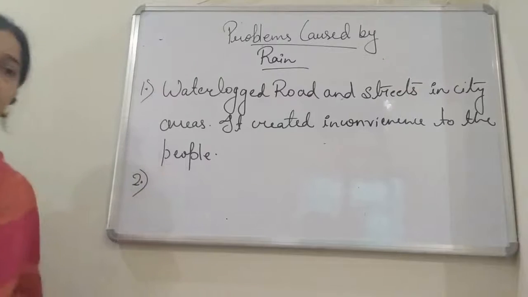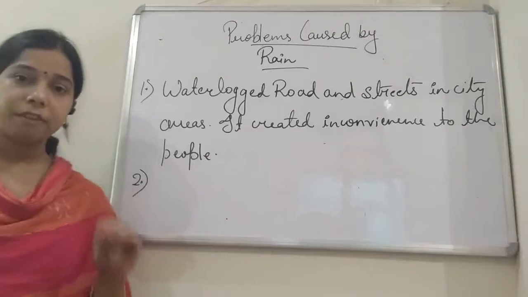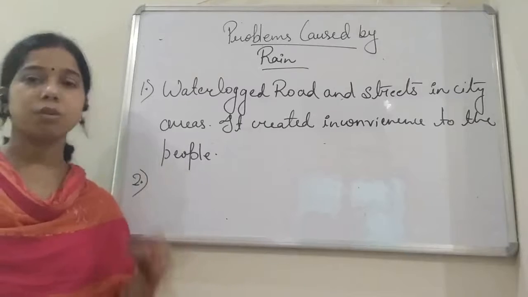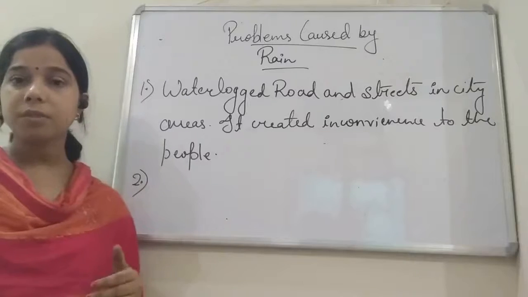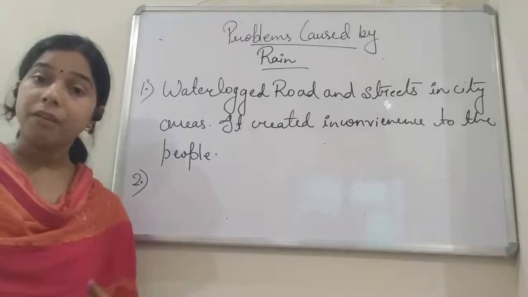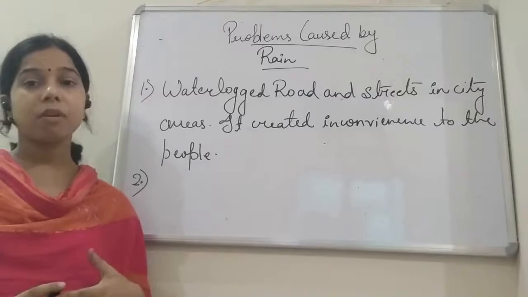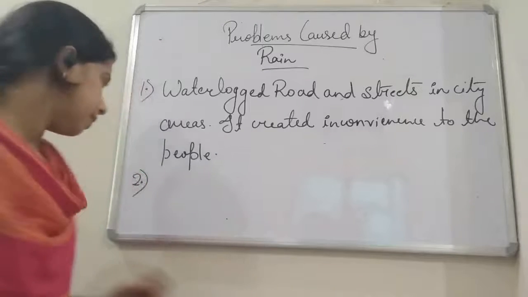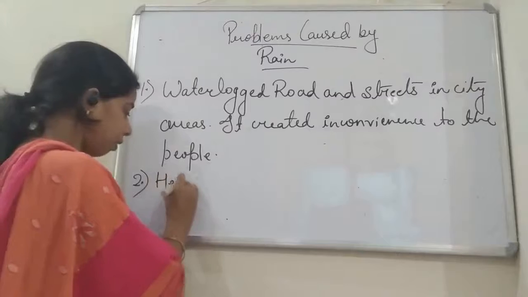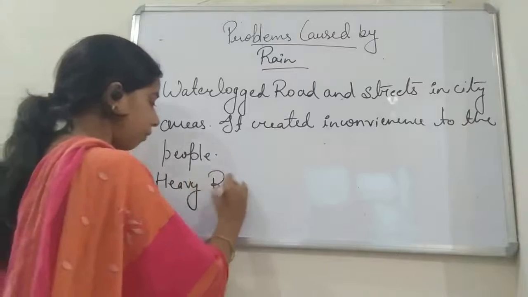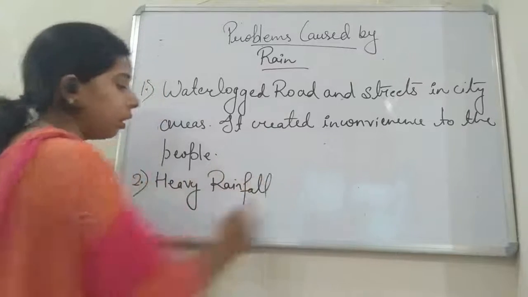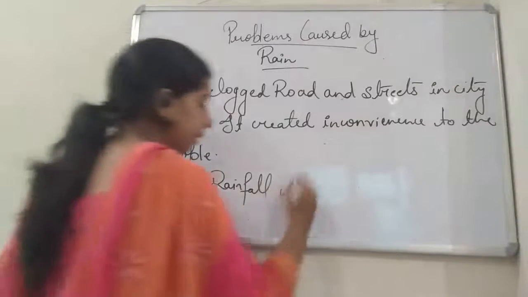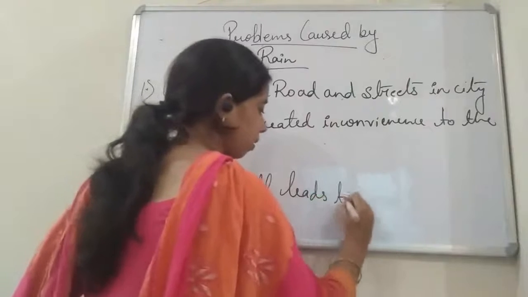Up to a certain level rainfall is useful for the crops and for living organisms. But if the rainfall is very heavy, then it will lead to flood.